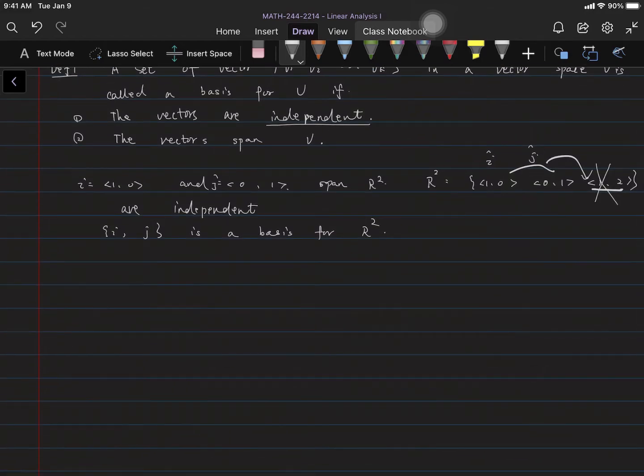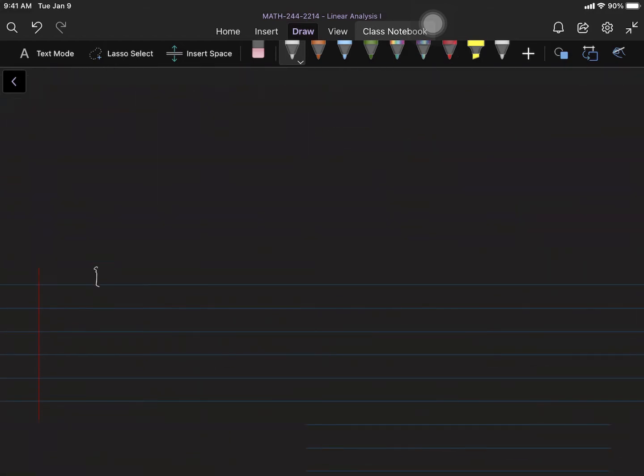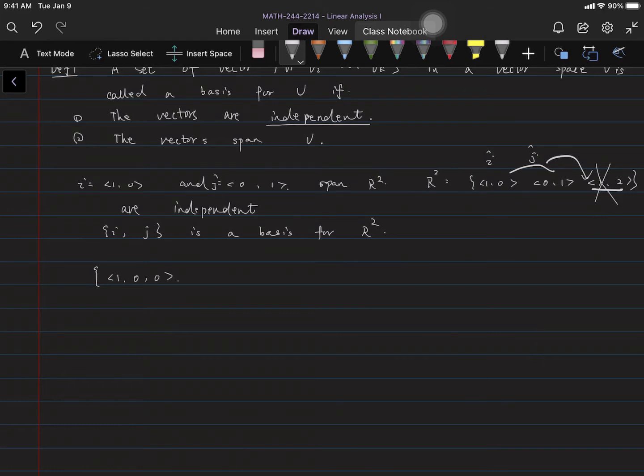And we can think about R3: (1, 0, 0), (0, 1, 0), (0, 0, 1). So this is a basis, right? Because they span R3 and they are independent. So this is a basis for R3, and they are called the standard basis because they are the easiest basis. There may be some other bases with different vectors, but they are just not called standard.